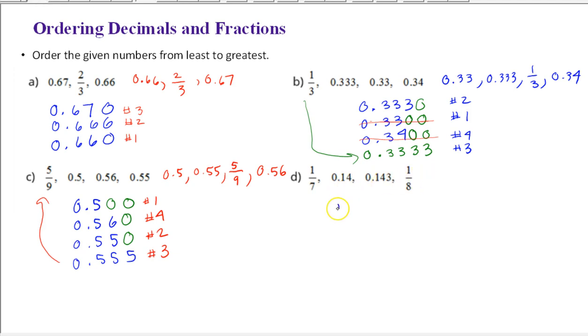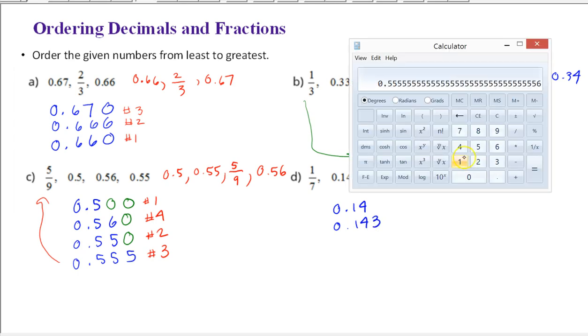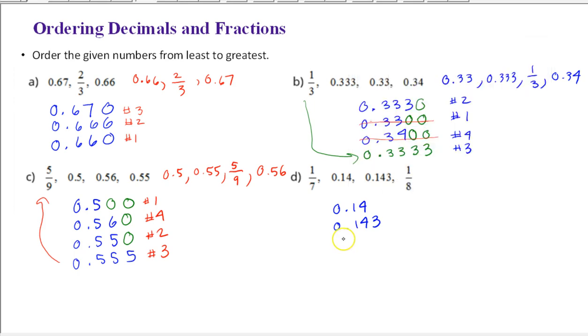So first let's write the ones we know, 0.14, 0.143. Now let's get 1/7 to 4 decimal places. So 1428. Again, I'm not rounding. 0.1428.